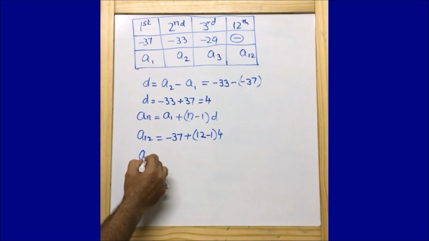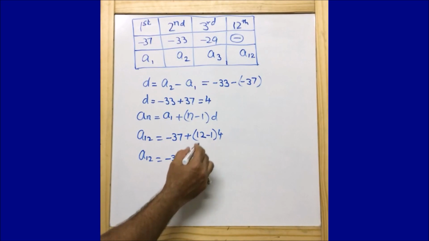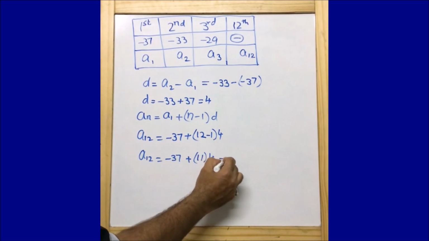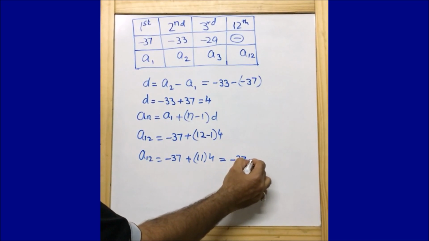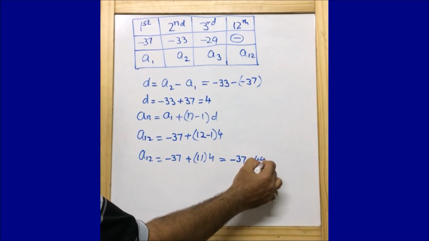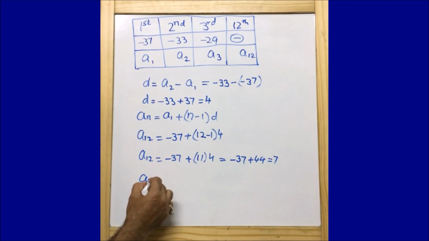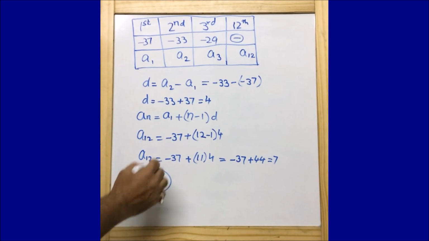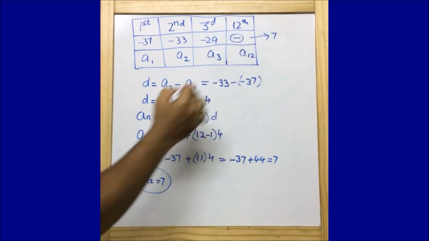Or A12 is equal to minus 37 plus 12 minus 1, which is 11, into 4, that is equal to minus 37 plus 44. So that is equal to 7. That means we got the value of A12 as 7. This is one figure we found out, A12 is equal to 7.